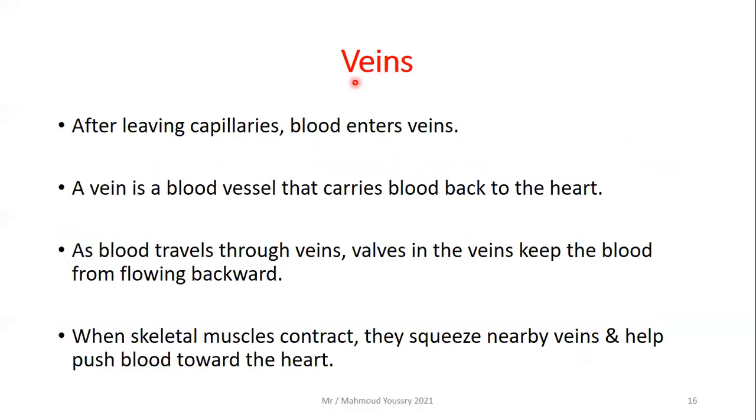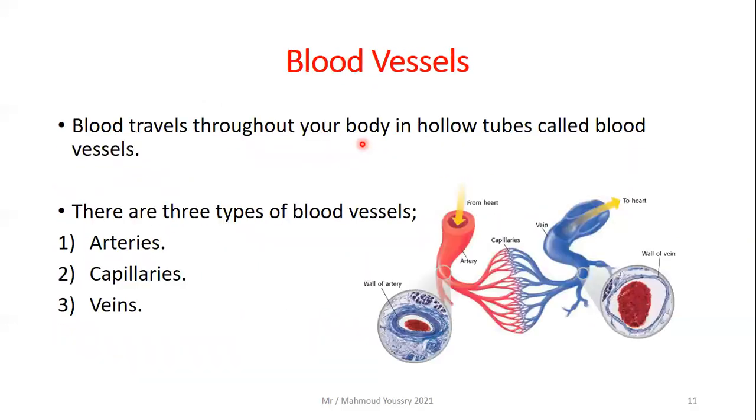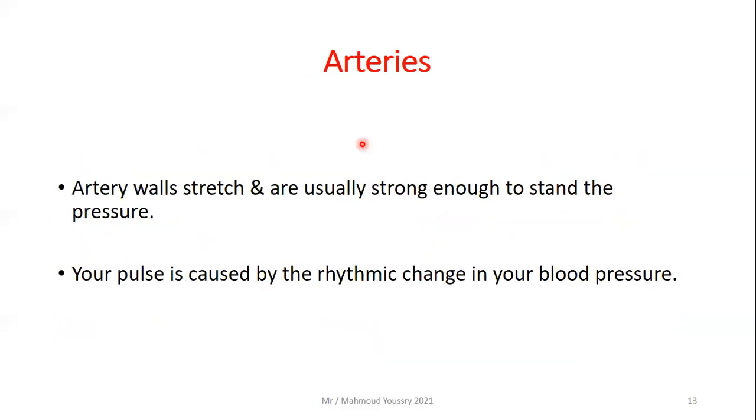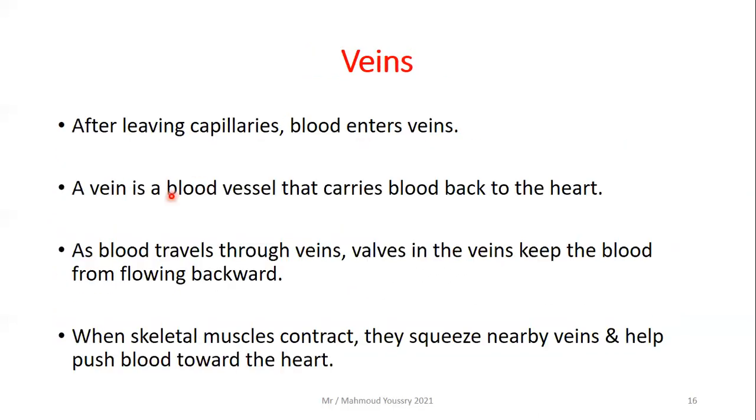Then veins. After leaving capillaries, blood enters veins, as we have seen in the last figure. A vein is a blood vessel that carries blood back to the heart. So veins are blood vessels that collect the blood and carry it back to the heart.